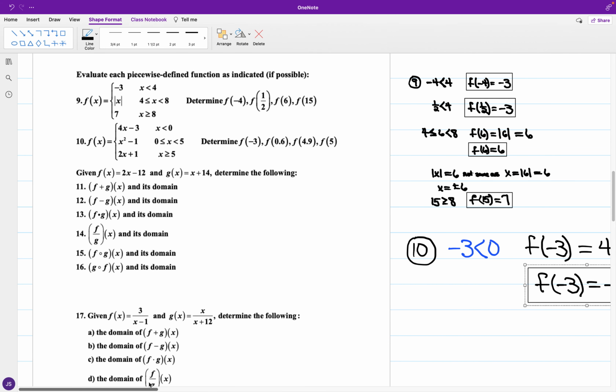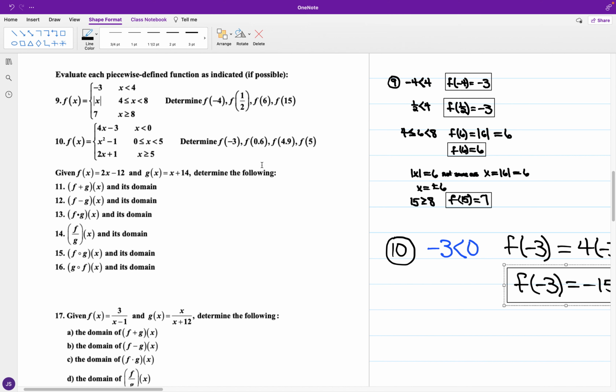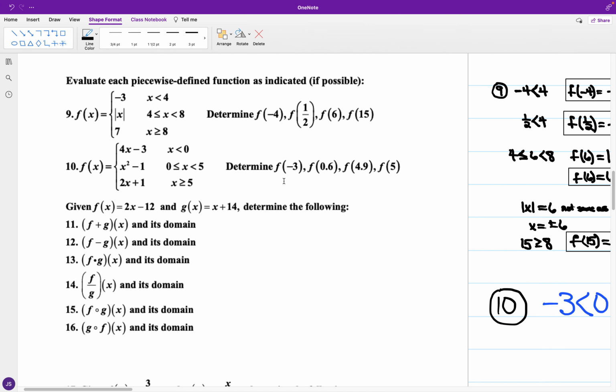Now, for the next of the inputs, we have the decimal value 0.6, and which of the functions will apply is going to be contingent upon where 0.6 as an input belongs. So 0.6 is positive, so it cannot be less than 0. Then with the next inequality statement, we have 0 is less than or equal to 0.6, so that rings true with the less than or equal part.